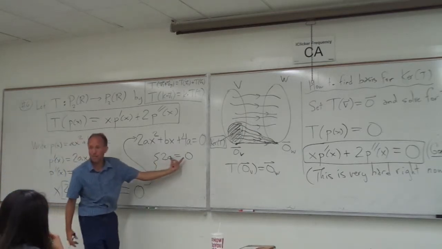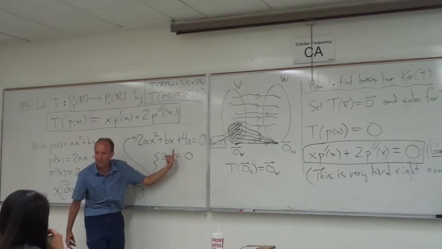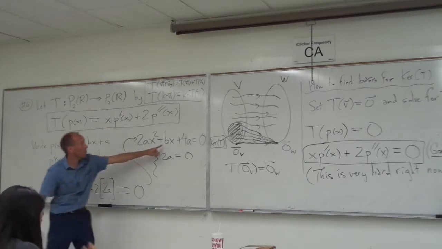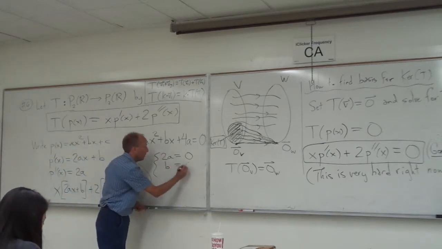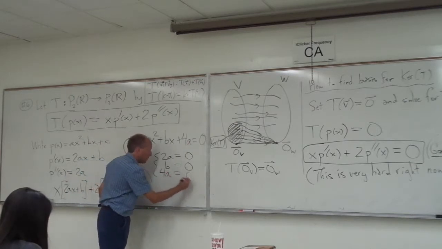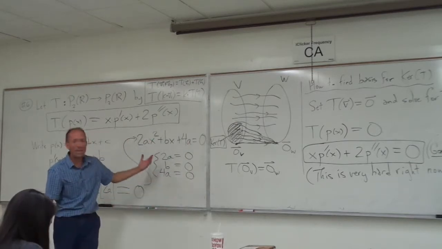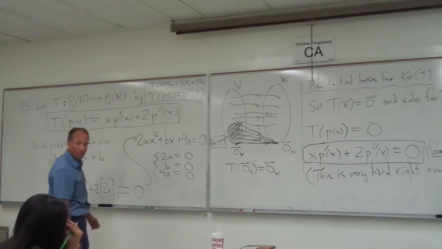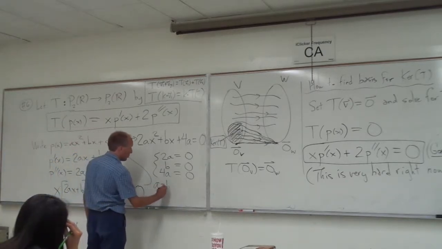So the x squared coefficient is going to have to be 0. The x coefficient, which is b, has to be 0. And the constant term also has to be 0, right? You get actually a system of equations. This particular system is really, really easy. A and b are both 0.